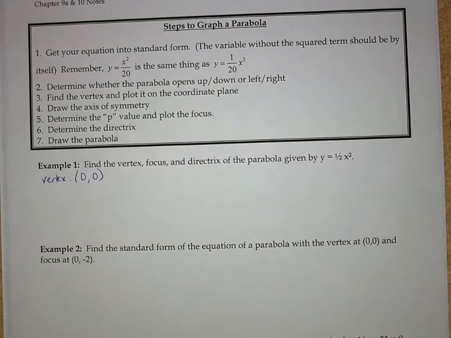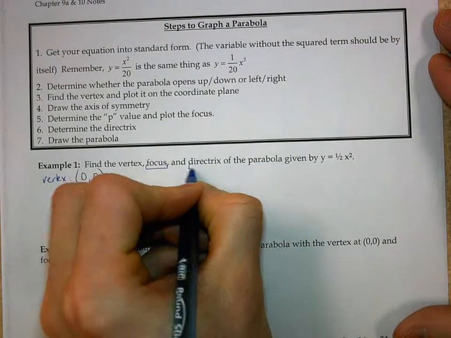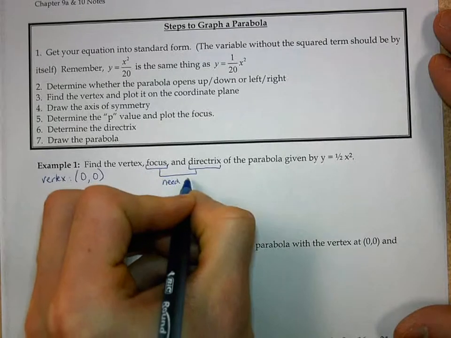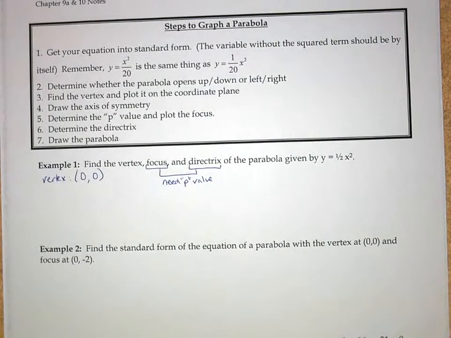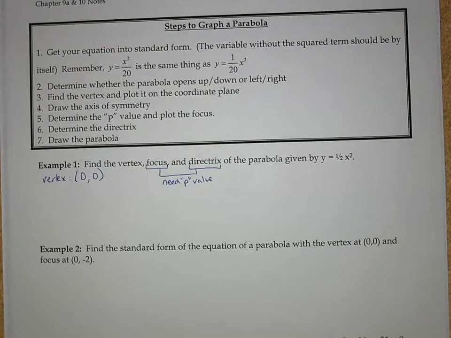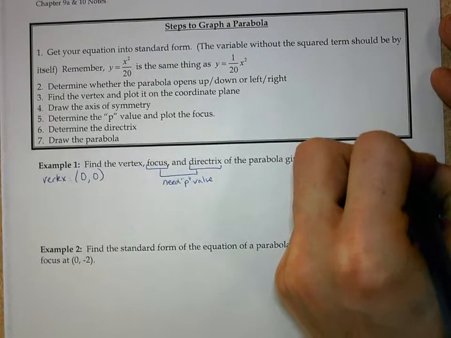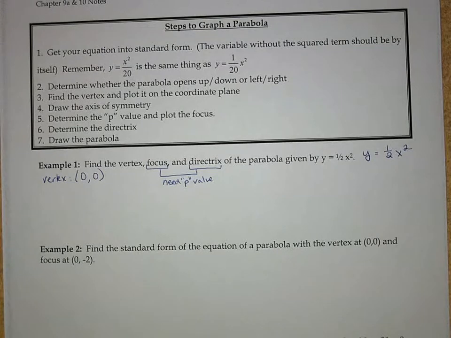The next thing that I need to find are the focus and the directrix. But in order for me to find the focus and the directrix, I need the p-value for both of these. The p-value ties directly to the focus and the directrix. So I've got to make a little comparison. I know my original equation is y equals 1/2 x squared.